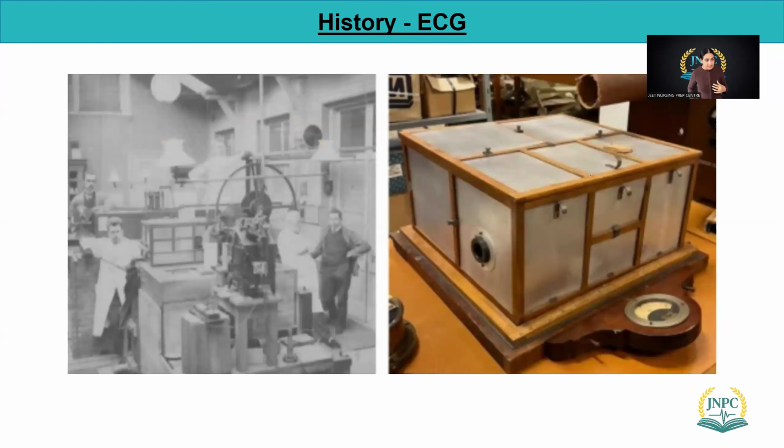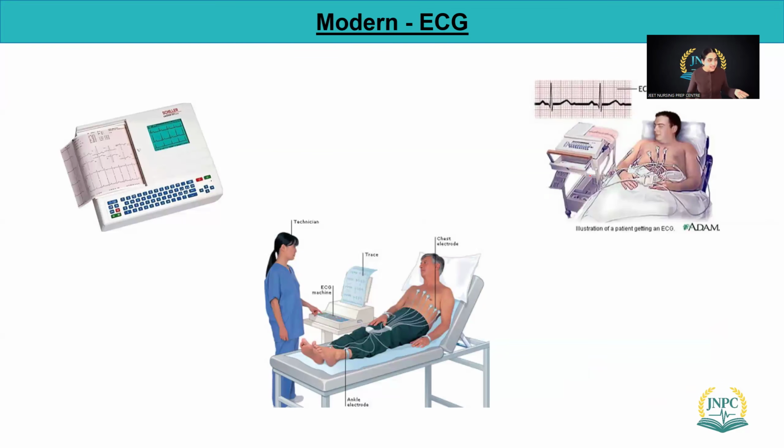These days, I want to show you how it looks. These are portable ECG devices. You stay at the patient bedside, you carry your stuff, you put those electrodes on, and that's it. It will print the paper out.